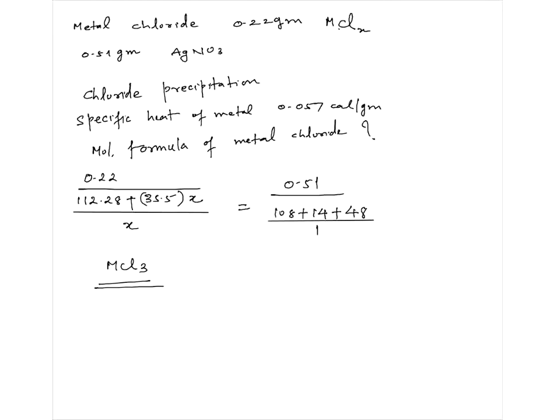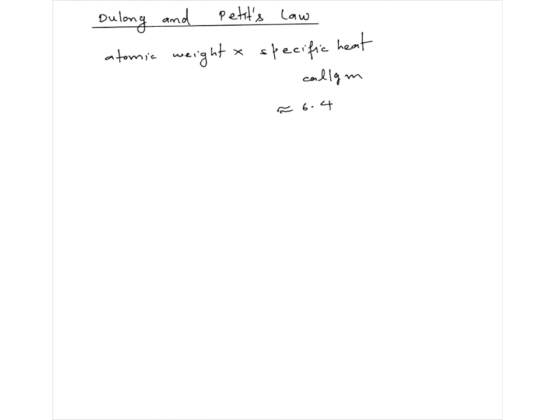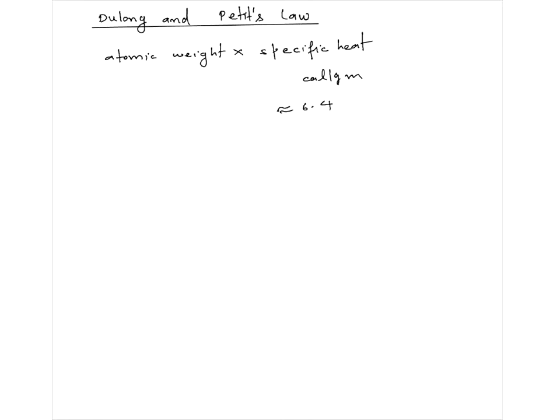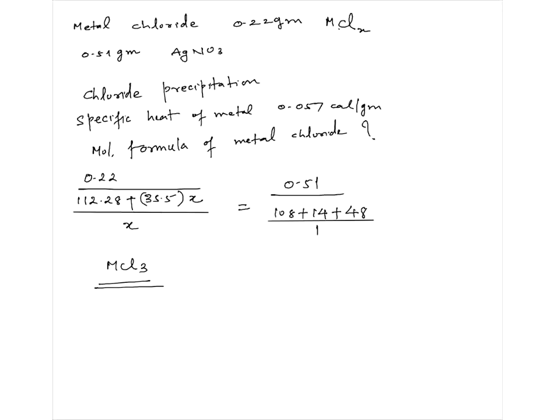Now, specific heat 0.057 calories per gram. Unit is looking perfect. So for M, divide 6.4 by 0.057.